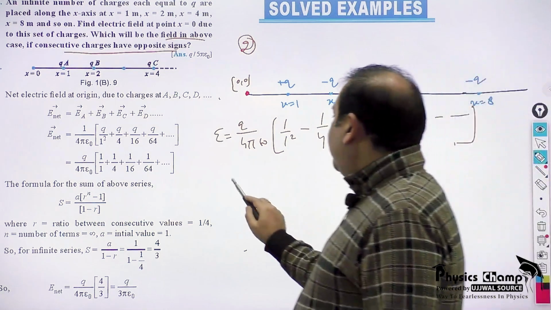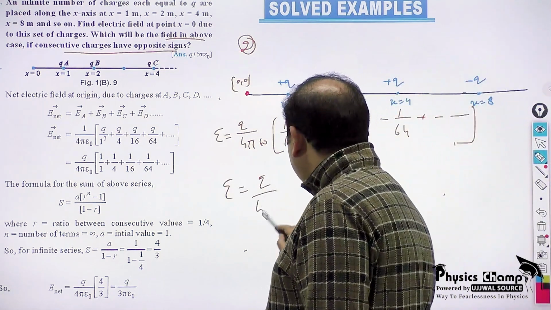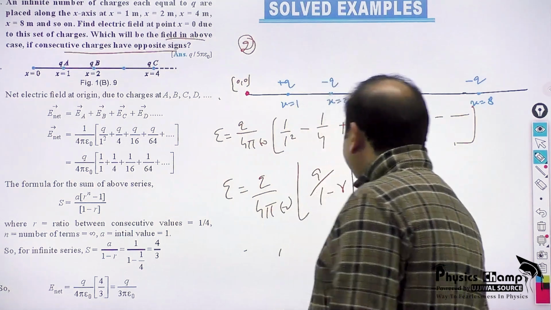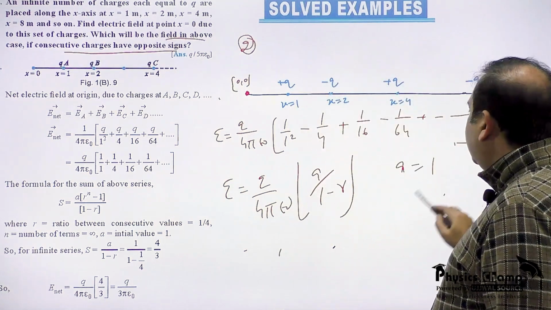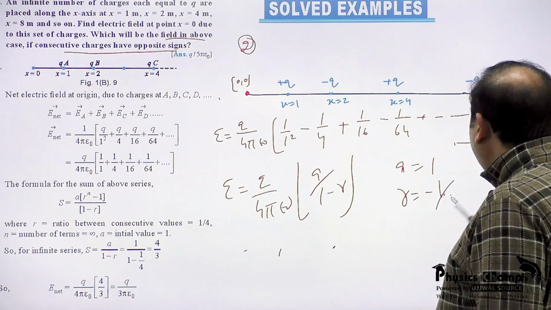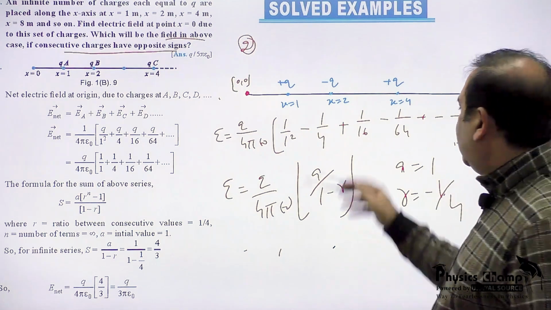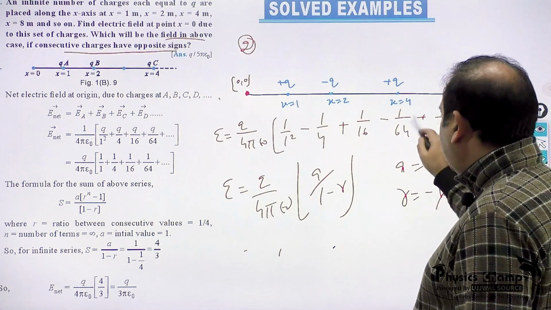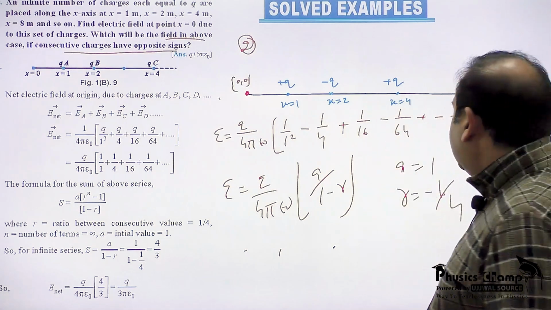So this time for the net electric field, when I put A by 1 minus R, A is 1, but the ratio is minus 1 by 4. You divide minus 1 by 4, then minus 1 by 4 gives 1 by 16, then minus gives 1 by 64, like that.